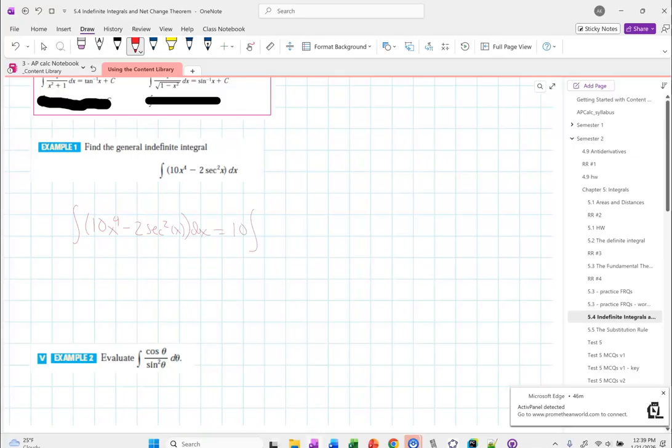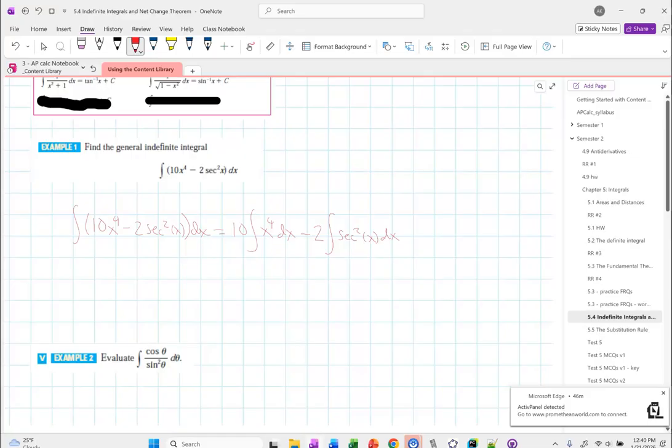So I'd have 10 integral x to the fourth dx minus 2 integral secant squared x dx. Everybody okay with what I did there? I feel like I can do that in one step with you guys because it's the same thing we've been doing with derivatives all through first semester. We distribute it across, hold the coefficient to the front.